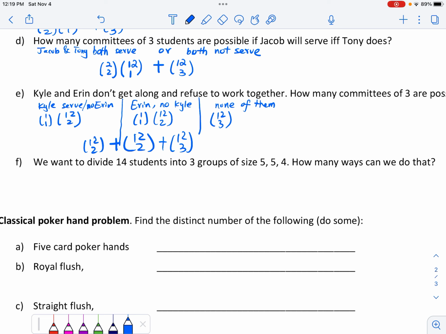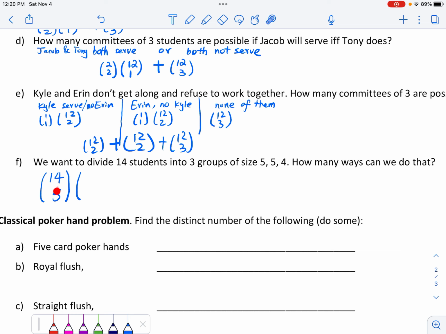So the first step we do is we can form a group of size 5. So we choose from 14 students 5 students, right? So to form the first group. Now after the first group of size 5 is formed, then we are gonna choose another group of size 5 from the rest of the students available.